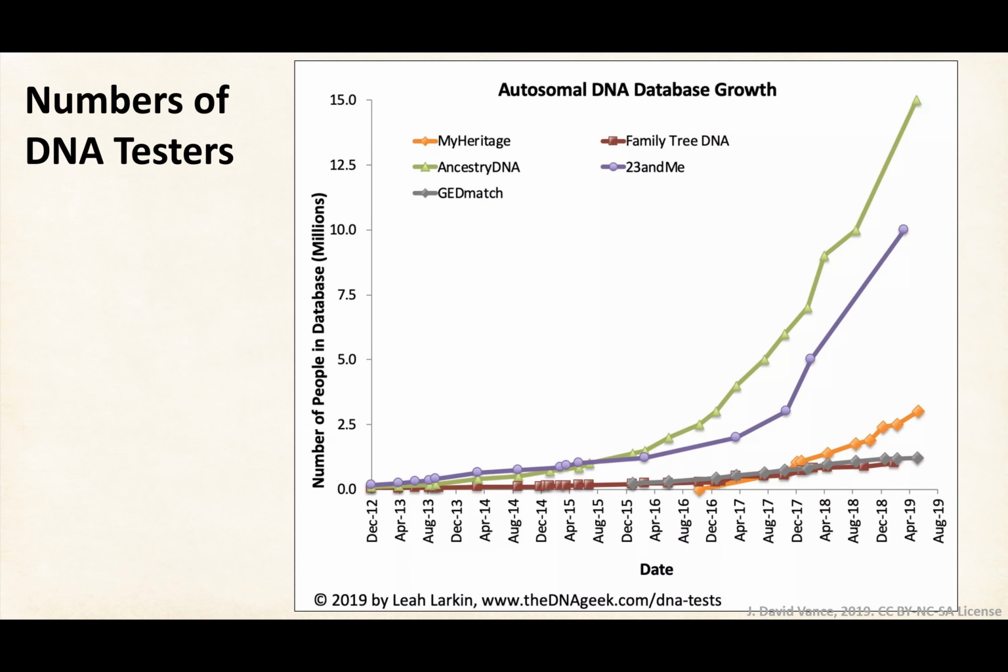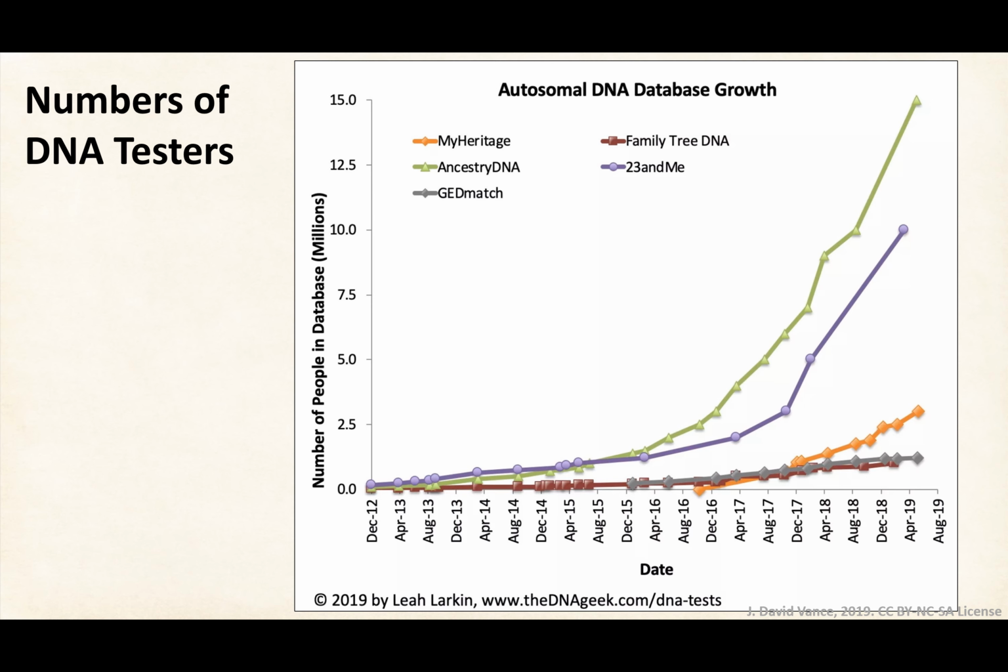But if you take a look at the various companies, this is a slide that I also showed in the Y-DNA videos, because the Y-DNA side of this is much smaller. But the autosomal DNA growth in testers over the past few years is enormous. This is a chart that's produced by a website called thednageek.com.